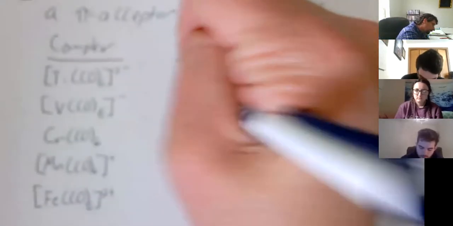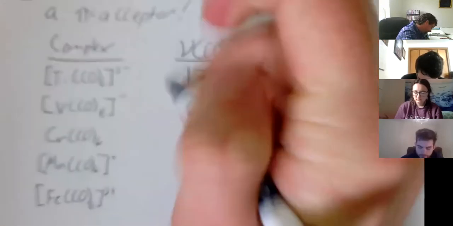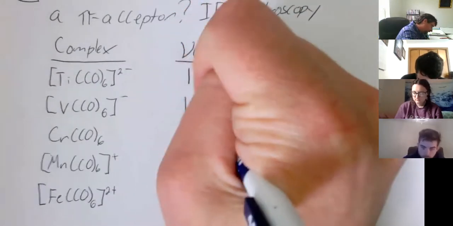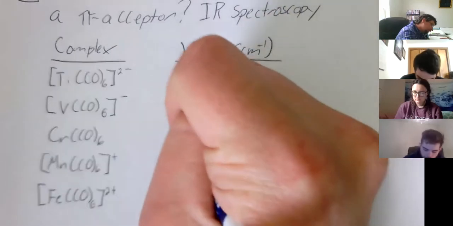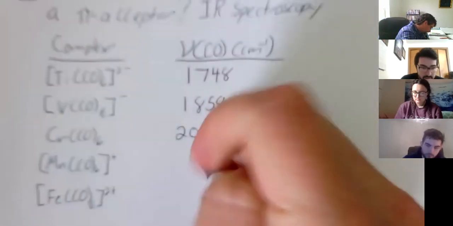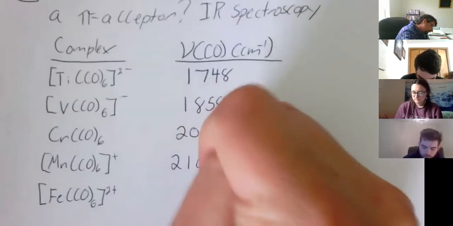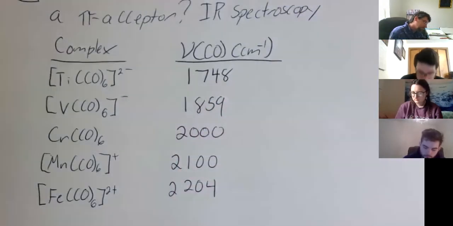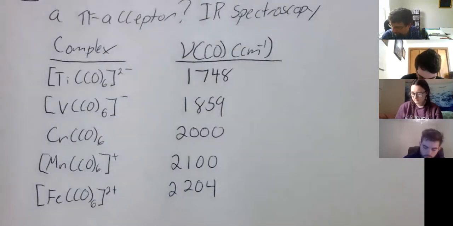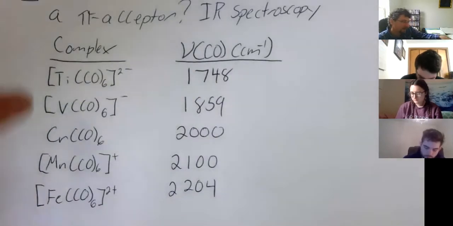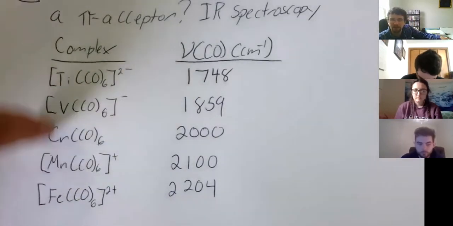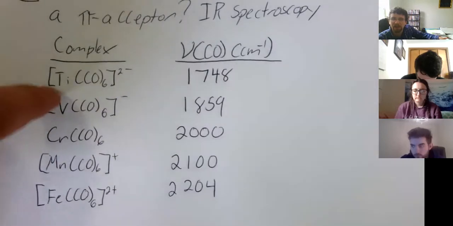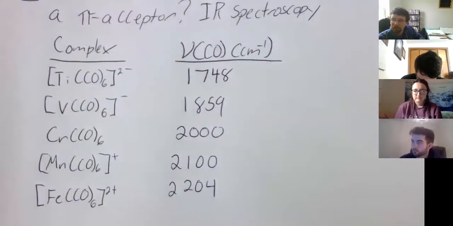So if you look on the periodic table and you look at these complexes, what do you notice about them?